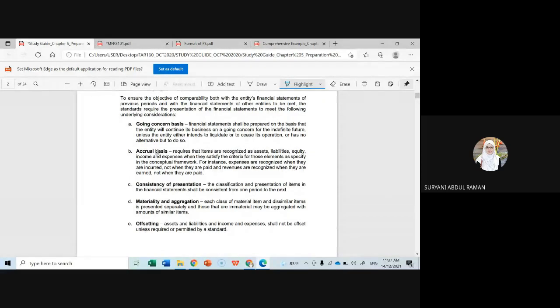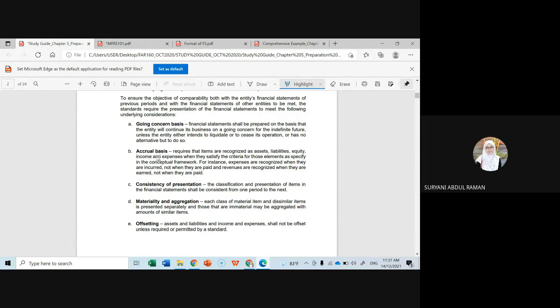Remember the accrual concept, students always thought we are only dealing with accrual adjustments. No, we are actually also dealing with prepayments, because accrual requires that assets, liabilities, equity, income and expenses are recognized when they satisfy the criteria of those elements as specified in the conceptual framework.